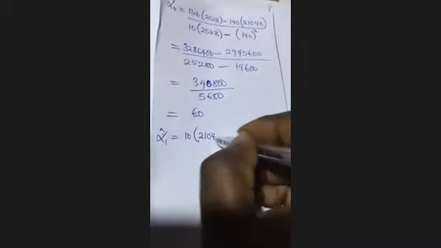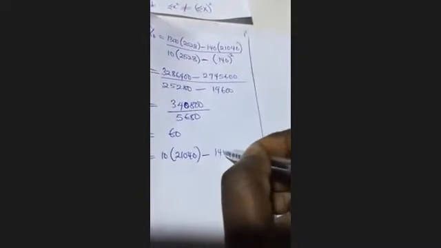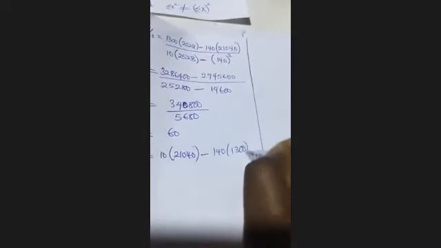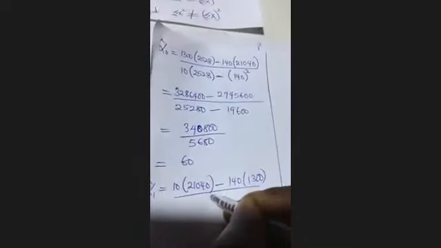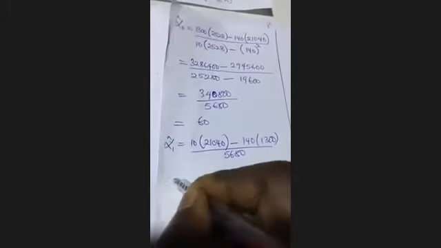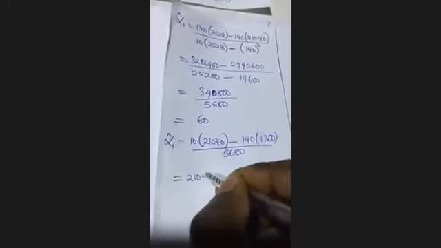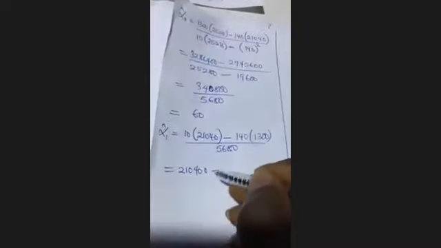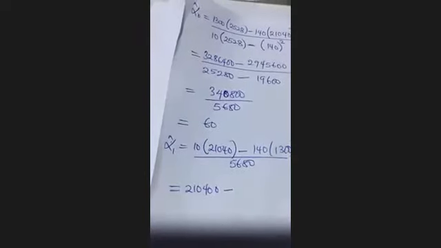Summation xy is 21040, minus summation x times summation y, 140 times 1,300. Since the denominator is the same, there's no need doing it all over again. So this will give us 210,400 minus 182,000.